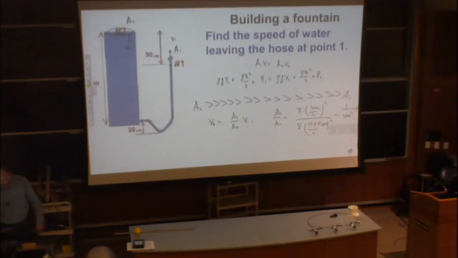Which means we can neglect the motion of the surface in the tank. It is practically zero, it's negligible. So V2, no matter how fast water travels when leaving the hose, is practically zero. And we know the more zeros, the better. Now we have to use Bernoulli's equation, and to do that we need to choose the origin.